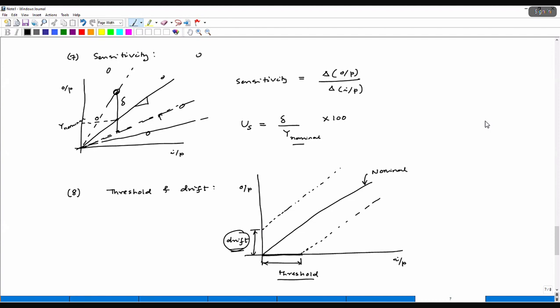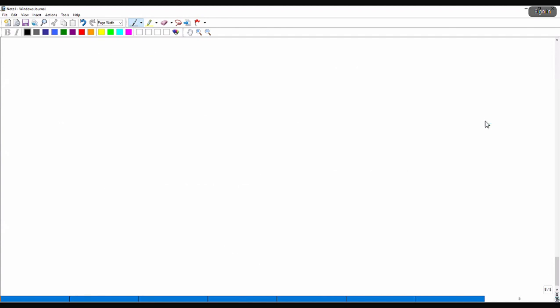Okay, so let's say all these individual errors you know. Let's say you have the error due to linearity, error due to sensitivity, error due to drift. Okay, all these errors you have. In general, you call it, let's say, U1, U2, U3 up to UM.